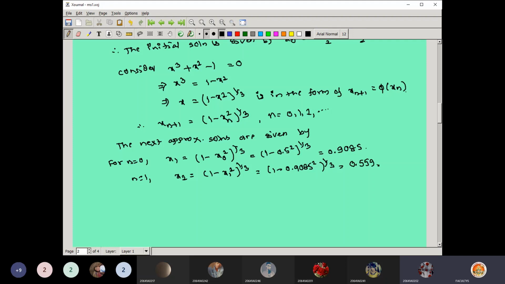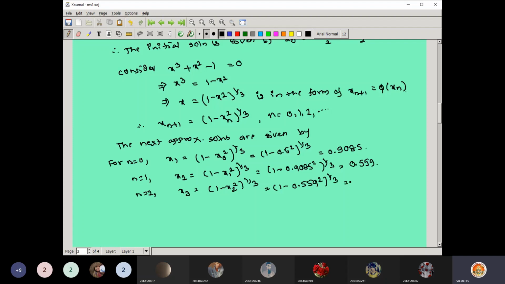So shall I stop the process or continue it? Because the last two solutions are not equal, they are different. So go for the next, n equal to 2. So x3 is equal to 1 minus x2 square power 1 by 3. So 1 minus 0.559 square power 1 by 3.